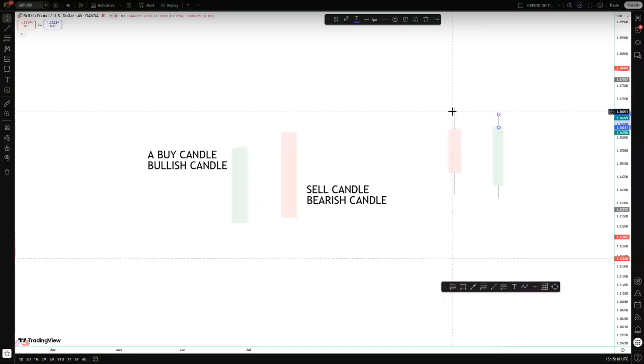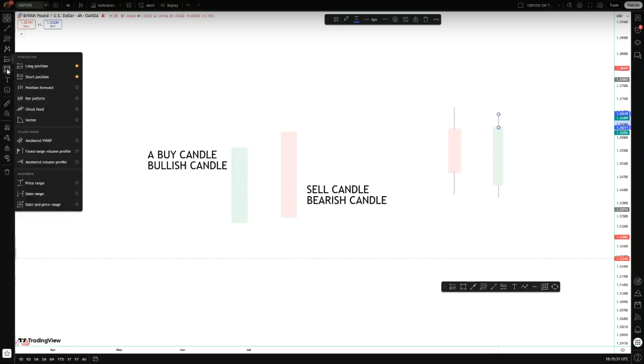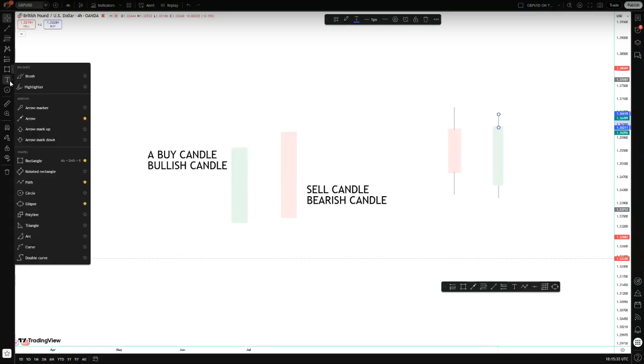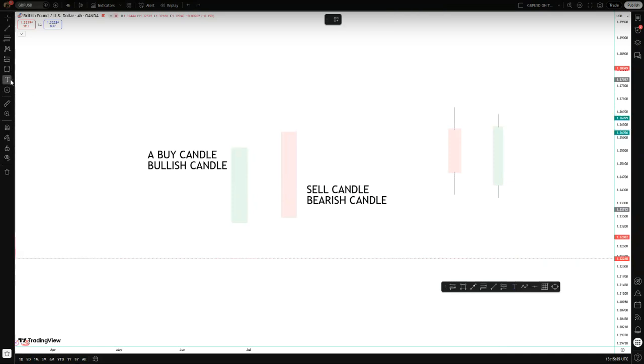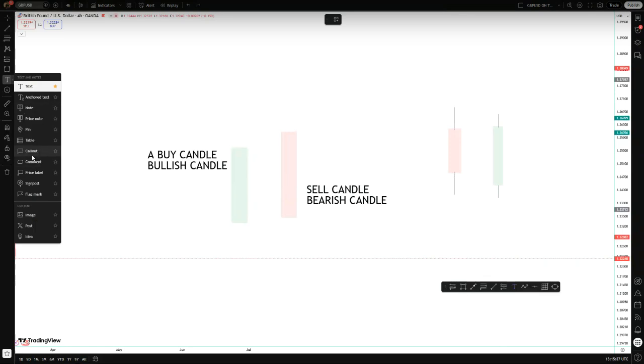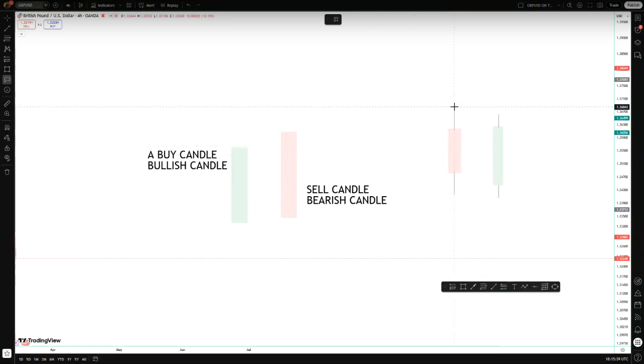Now you will ask me, what is this line about? Why is this thing stopping here? And why is this line also here at the bottom? So here is called a wick.